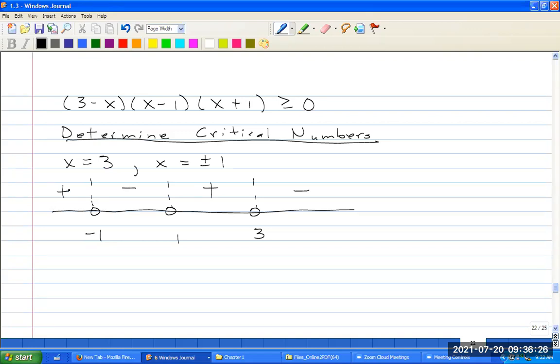We want this to be greater than or equal to 0, so we fill in anything that says a plus. Let's fill in the pluses. And it's less than or equal to, so I also fill in the critical numbers.